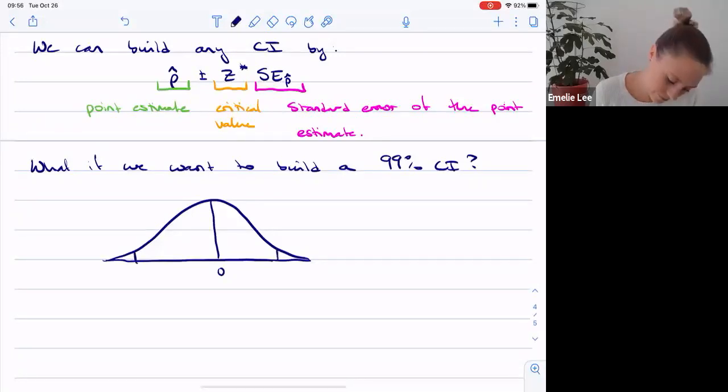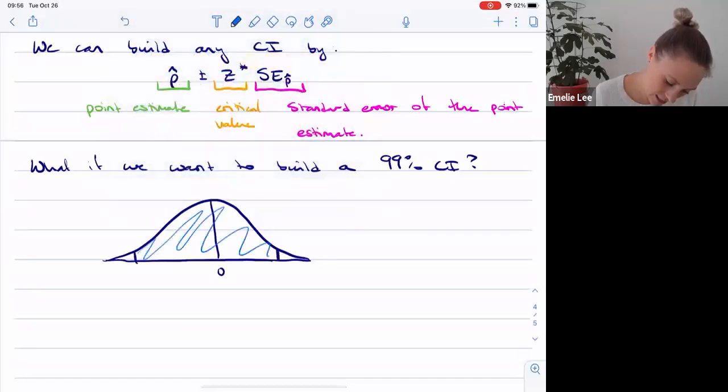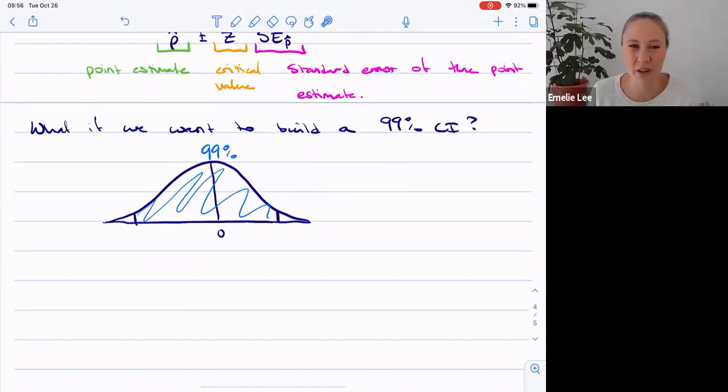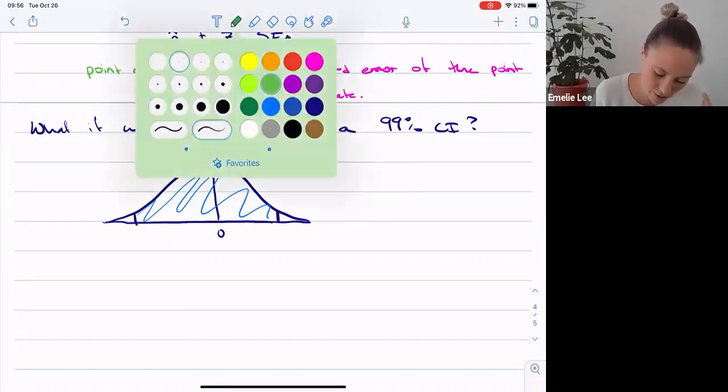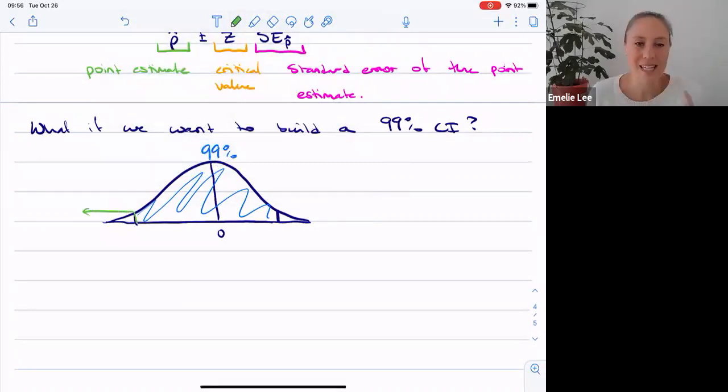Now I want to force this central 99% between two values. I'm hurrying through this because we're going to have a shortcut, not just software, but also in the table. So even if we didn't have software, we'd still have a shortcut.